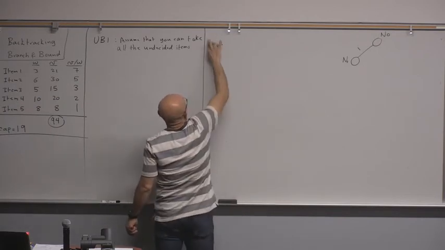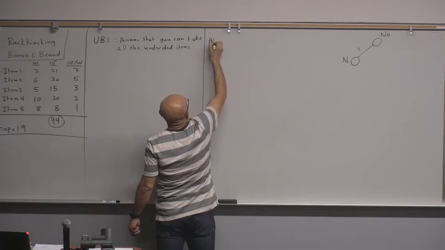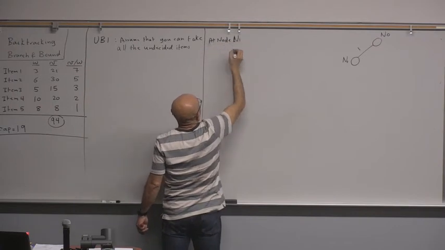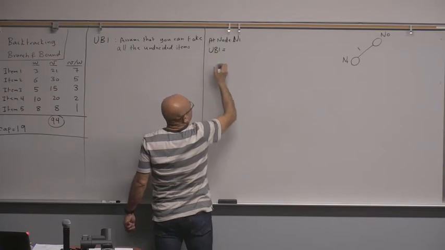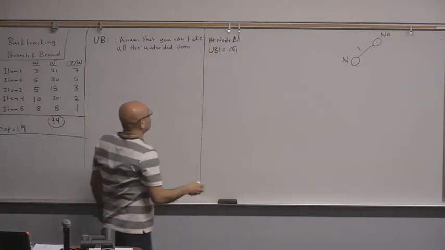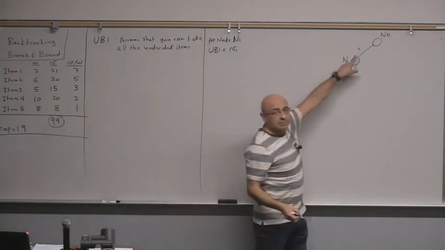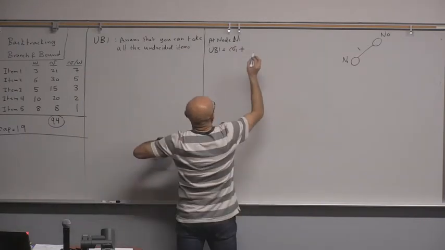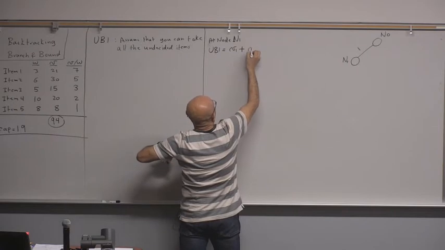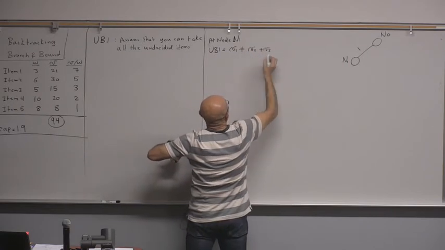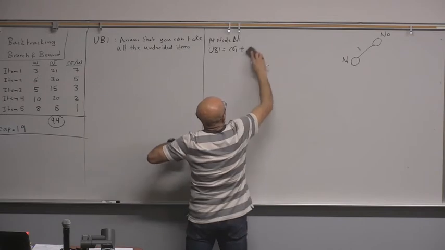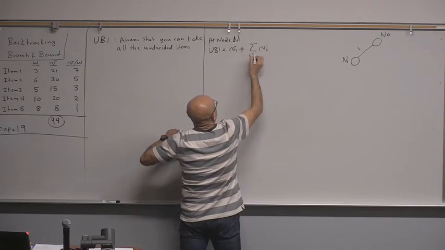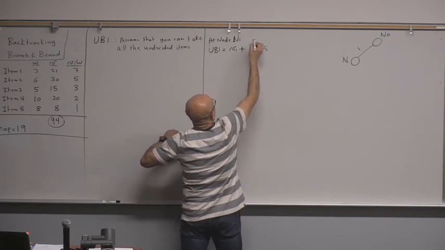So now, upper bound 1 at node 1, or N1, equals value 1, the value of the first item, because we have decided to take it, plus the sum of values of items, V2 plus V3, or let's write it in the form of a summation: the summation of Vi, i equals 2 to 5 in this case.